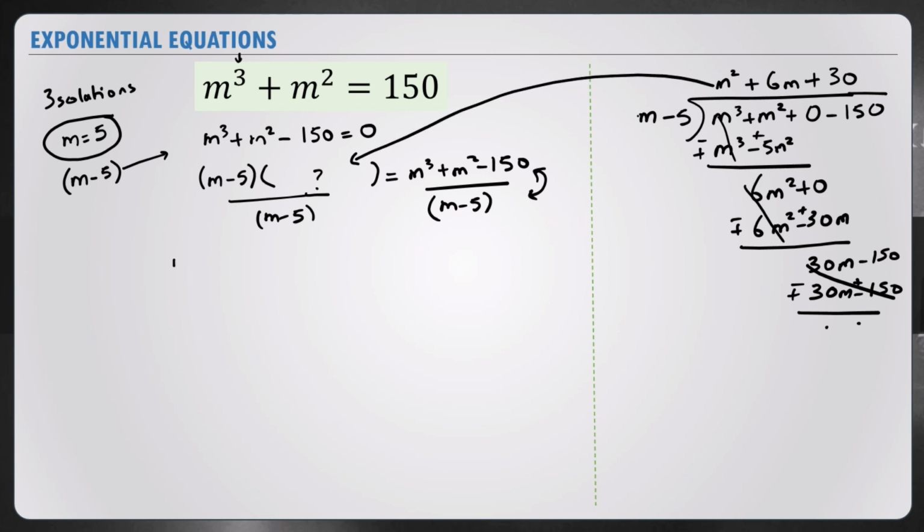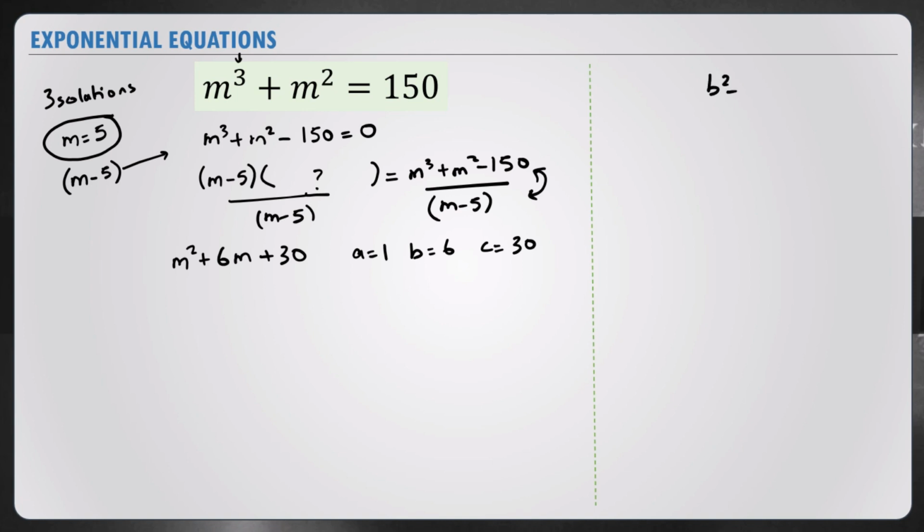So this equation comes here. Let's solve this equation, m squared plus 6m plus 30. Let's solve it using the quadratic formula where a is equal to 1, b is equal to 6, and c is equal to 30. First, let's find b squared minus 4ac.